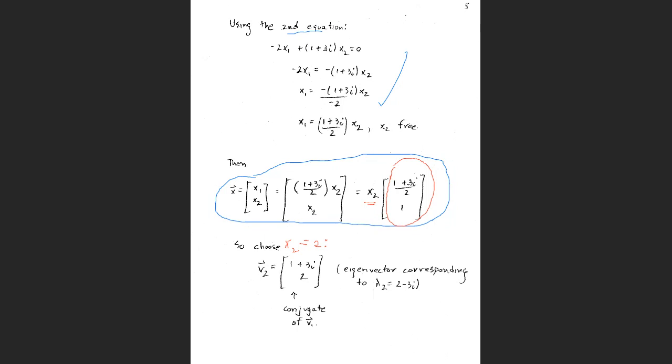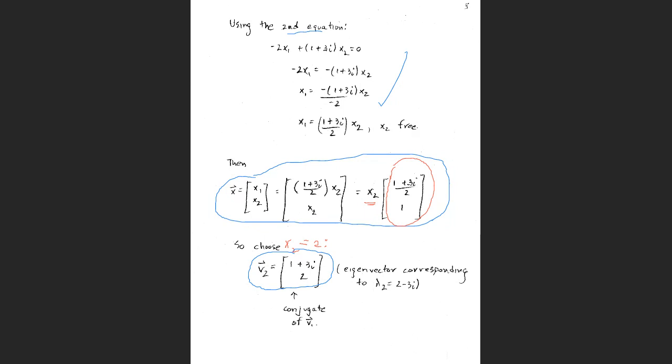Notice that this eigenvector, corresponding to the eigenvalue 2 minus 3i, is the complex conjugate of the eigenvector corresponding to the eigenvalue 2 plus 3i.